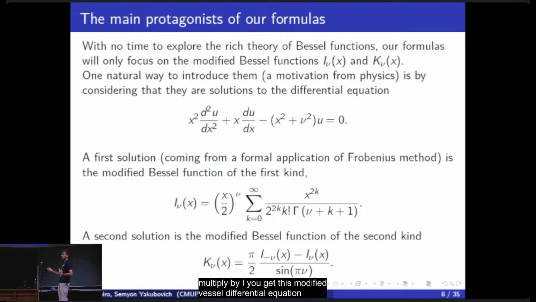If you formally solve it using power series, you get one of the solutions, the modified Bessel function of the first kind. You can also obtain another solution by taking this combination, and you get the Macdonald function, the modified Bessel function of the second kind. These are the protagonists of this talk, the special functions that will be most important, motivated by this problem from physics.